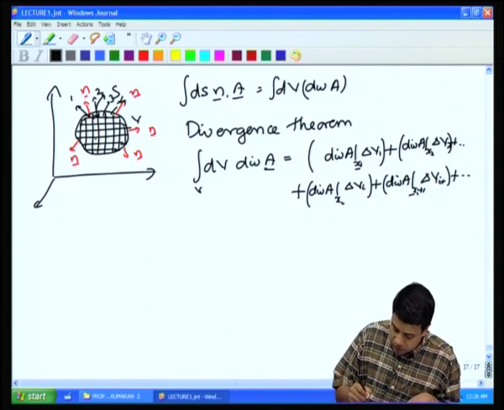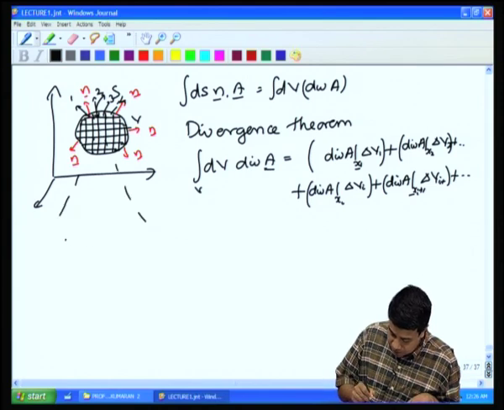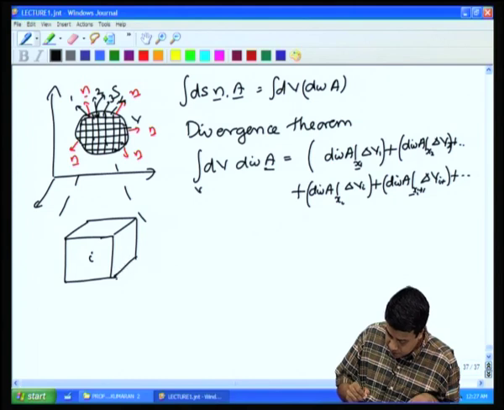So, let us take two typical volumes. I will just expand it out. Okay. This is volume I. The next one is the next differential volume. This is volume I plus 1.